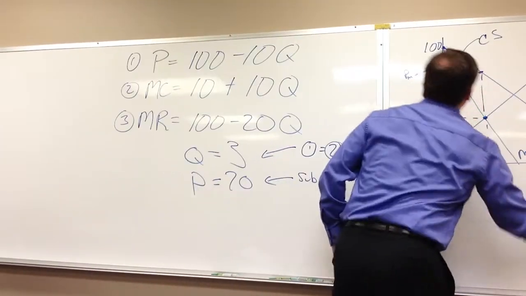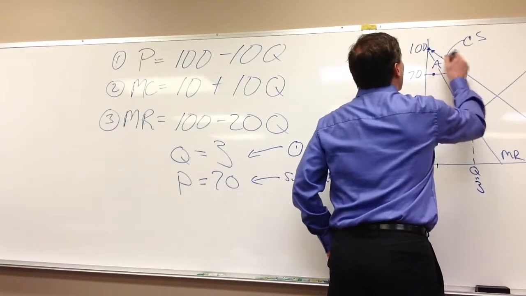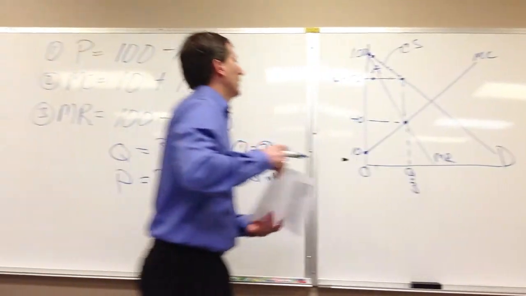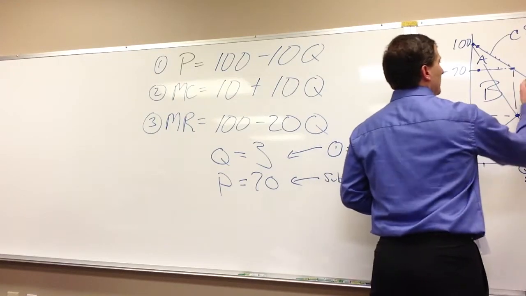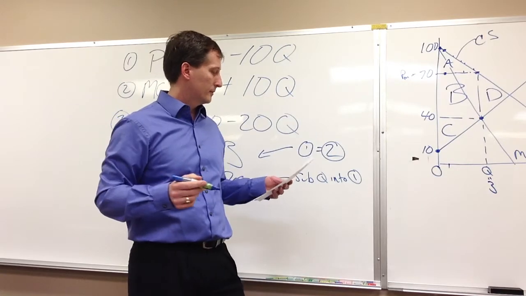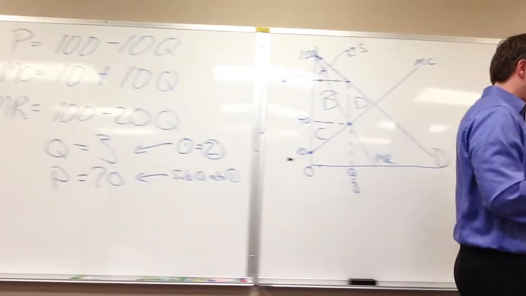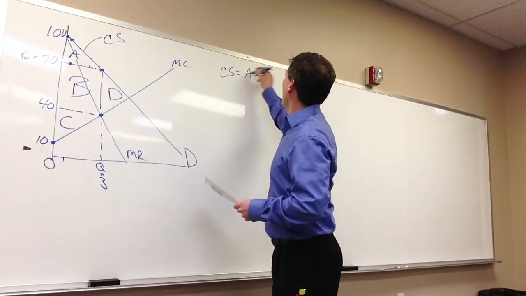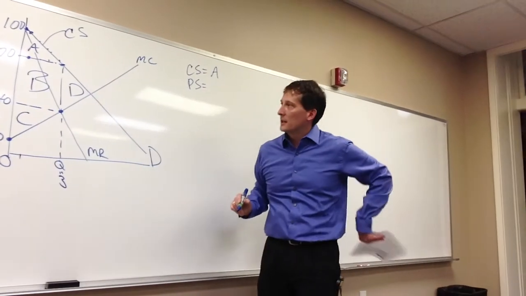And maybe we can follow suit with it, area A. Call that an A. Maybe call this area B, area C, area D. So thinking about it that way, consumer surplus area is A. Producer surplus area is what?